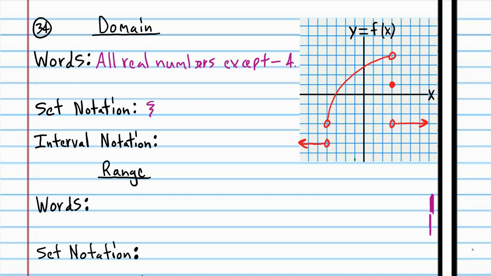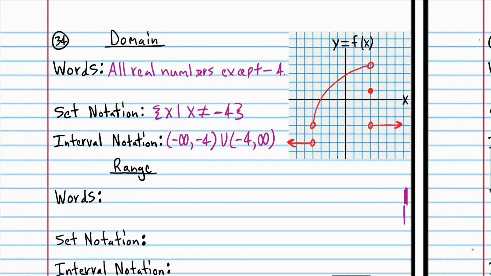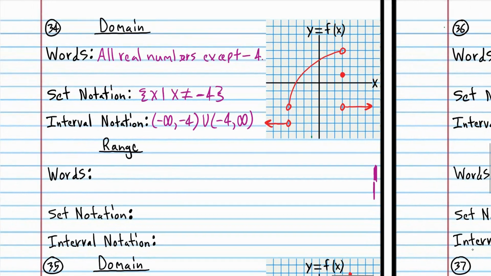So the domain is the set of all x values such that x is not equal to negative 4. In interval notation, we write negative infinity to negative 4, union, negative 4, comma, infinity. So it's kind of a tricky problem.